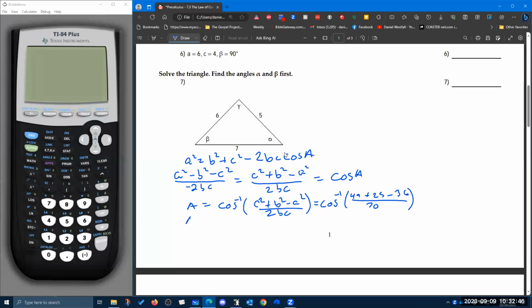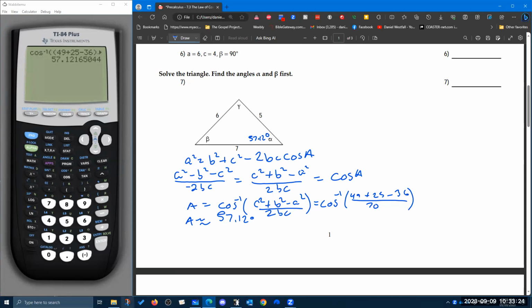So A is approximately arc cosine of 49 plus 25 minus 36 for my numerator, divided by a denominator of 70, which is about 57.12 degrees.